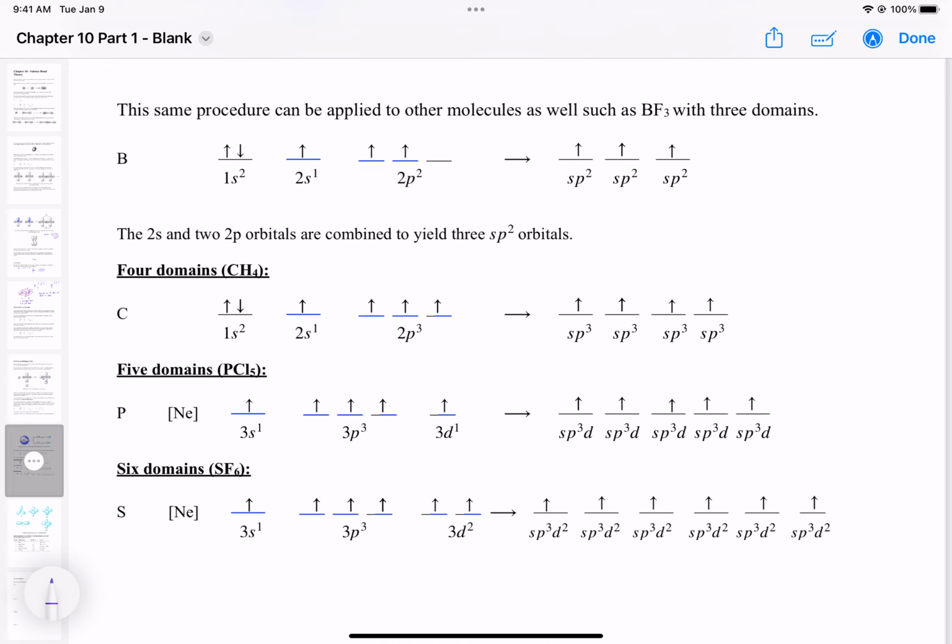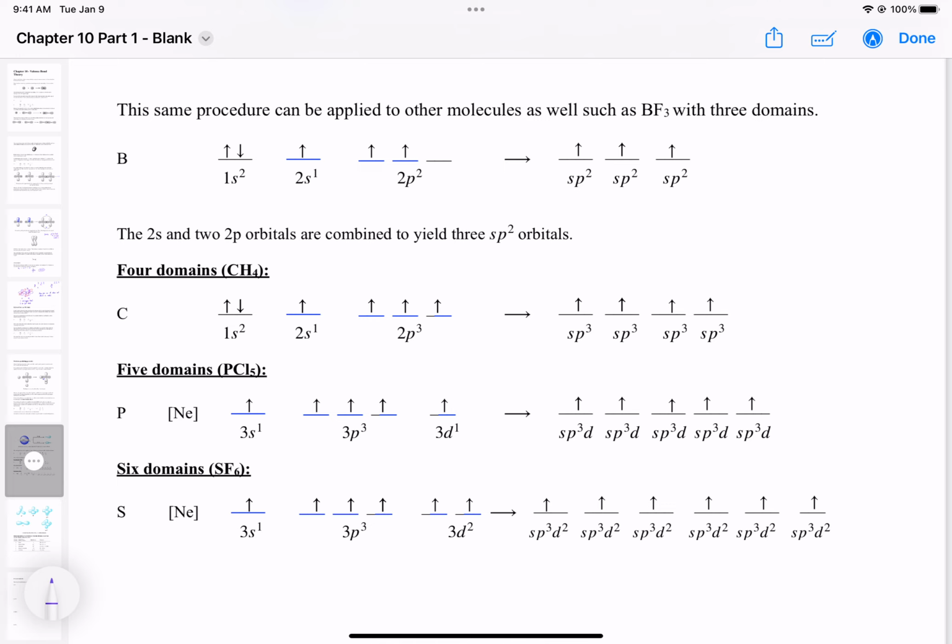And for 6 domains, like for sulfur, we promote 2 electrons from the s and the p orbitals to the d orbitals. Then we combine 6 orbitals, and we get 6 sp3d2 type hybrid orbitals.